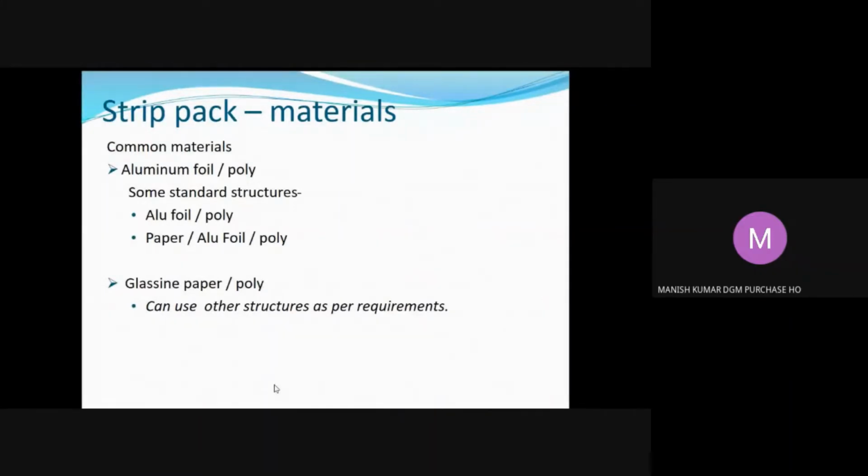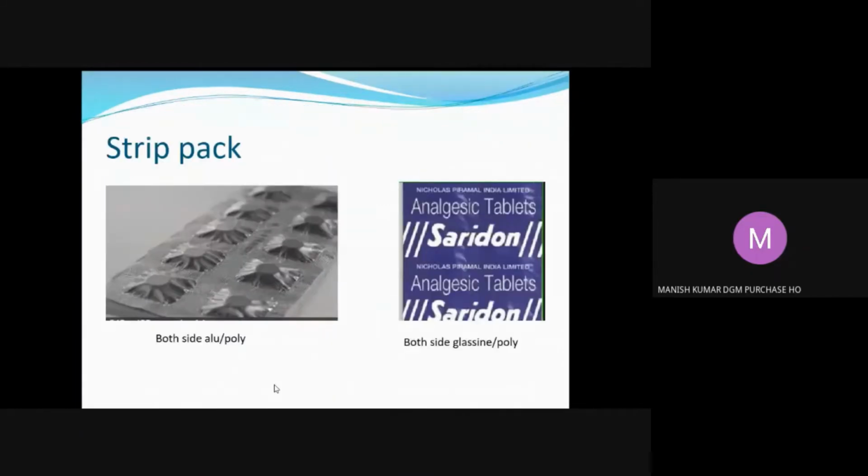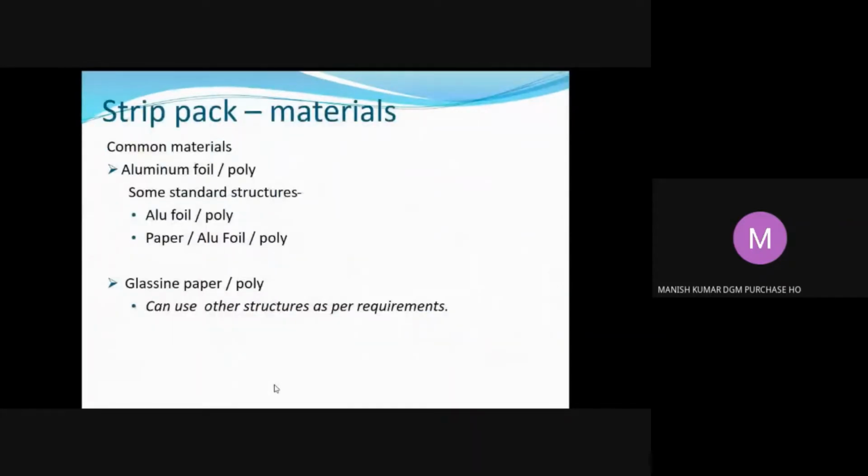And this is the glassine poly, Saridon, which is written; it is glassine poly, and paper poly we use. It comes in different thicknesses of aluminum as well as different thicknesses of poly. So you can develop as per your requirement, and there are standard thicknesses also available in the market, so you can directly go and take it.